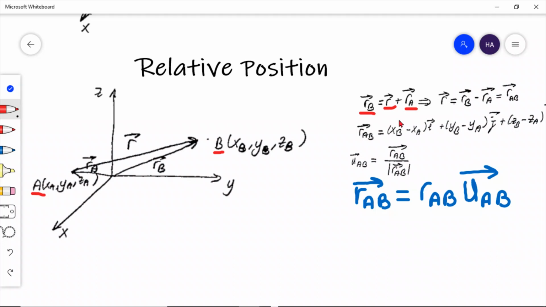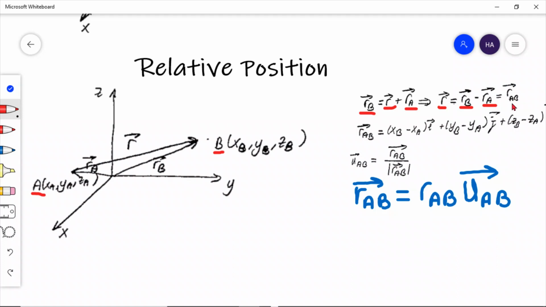Now as a result, I can write R, because the R is the relative position of object B with respect to object A. Okay, so R is a vector from A to B. R is equal to RB minus RA, and that is RAB.